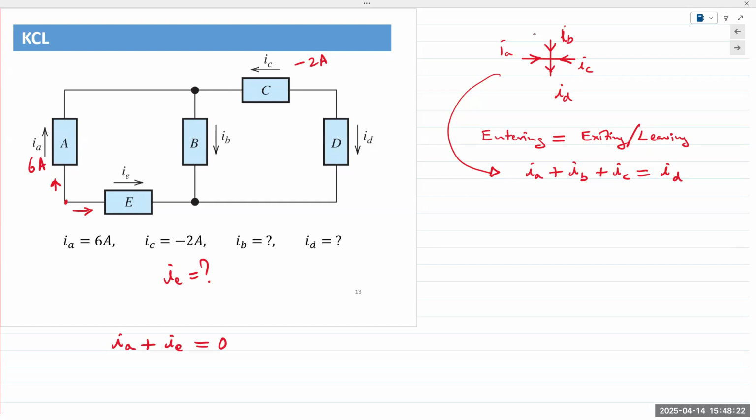Doesn't matter if they're both entering or both leaving. Direction is just a formality. That's what we use. We might make an assumption or maybe it's given to us. But if both of them are leaving, then they both belong on the same side of the equation. So IA is equal to minus IE, or I can write IE is equal to minus IA, which would be equal to minus 6 amps.